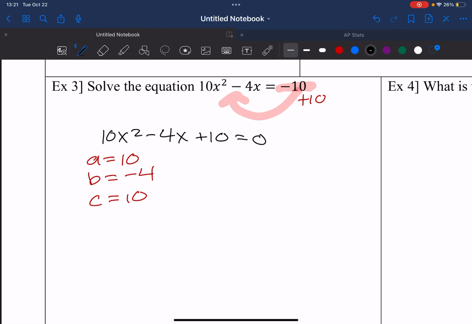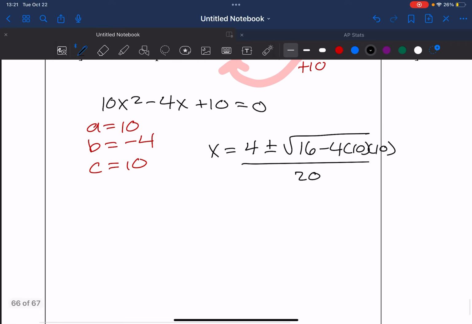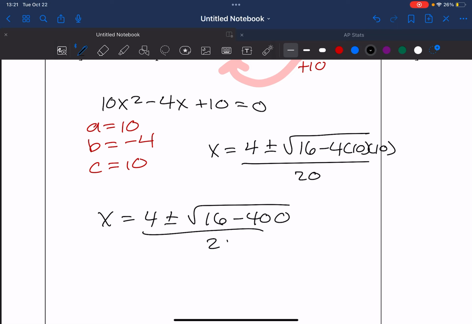Plugging everything in, I get X is equal to 4 plus or minus the square root of 16 minus 4 times 10 times 10 all over 20. So I get X is equal to 4 plus or minus the square root of 16 minus 400 over 20.